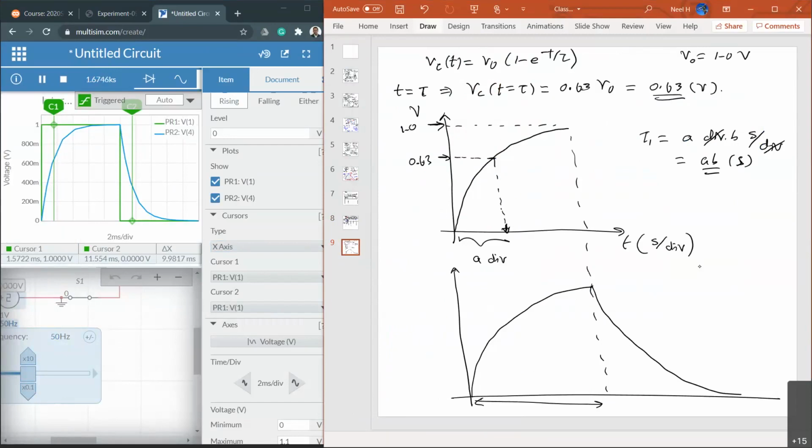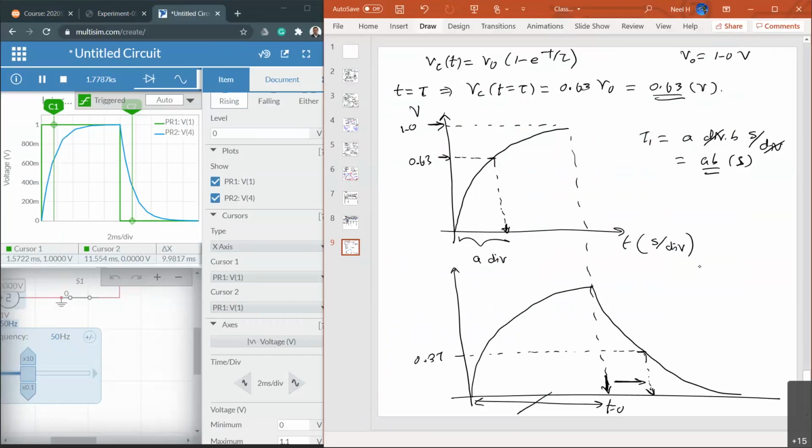You have to get rid of that. So you have to measure starting from here. You have to make this the t equals 0 point. And then you find the 37% of voltage, go in this direction, find that value, go downward. You have to measure the time only between these two.